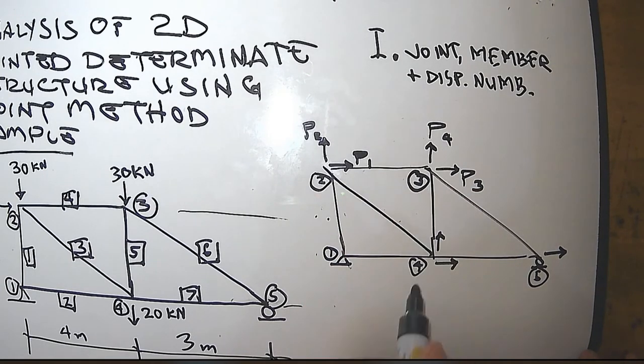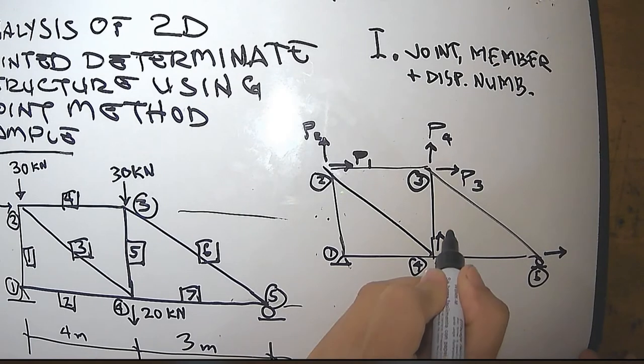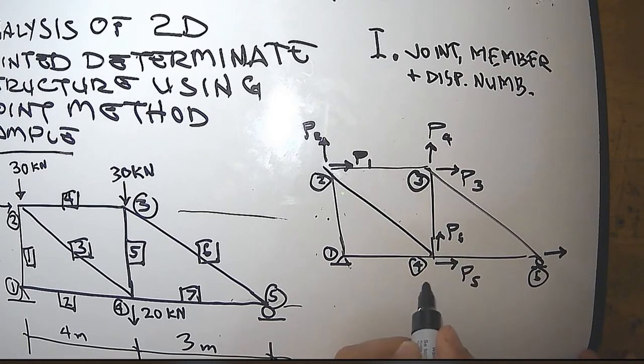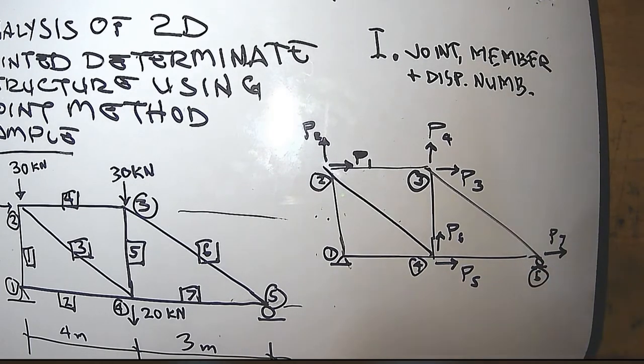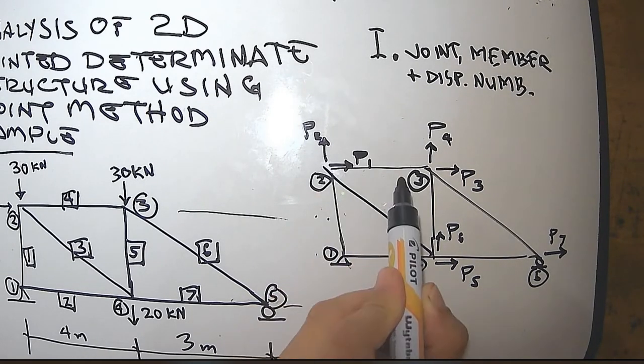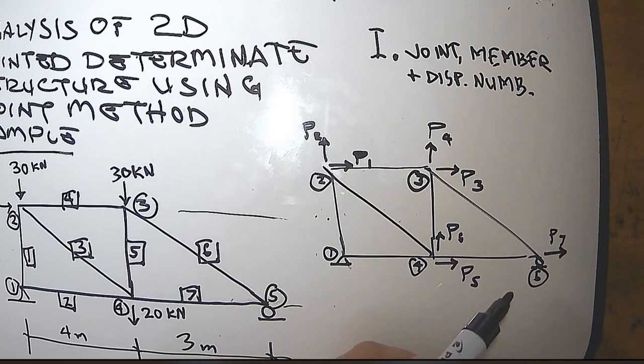Susunod sa 3 is 4. We start with P5 and then vertical P6. Finally, sa node 5, we have P7.